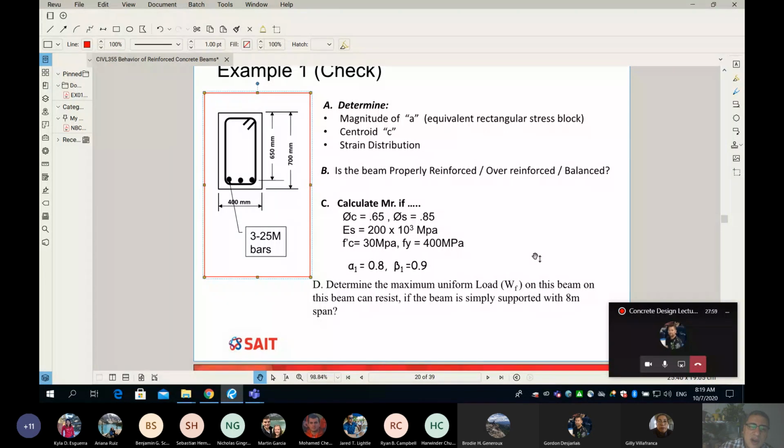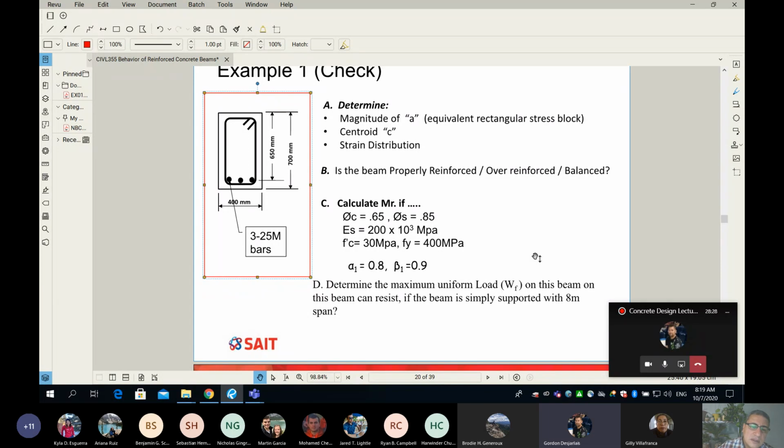When we say safe or unsafe, then we have to see what is the applied bending moment so we can compare the capacity with it. But here, for checking the failure, the assumption is I'm going to keep adding load until I arrive at the failure point of this beam. And at the failure, it will fail either in balanced or tension or in compression. Does this make sense for you?